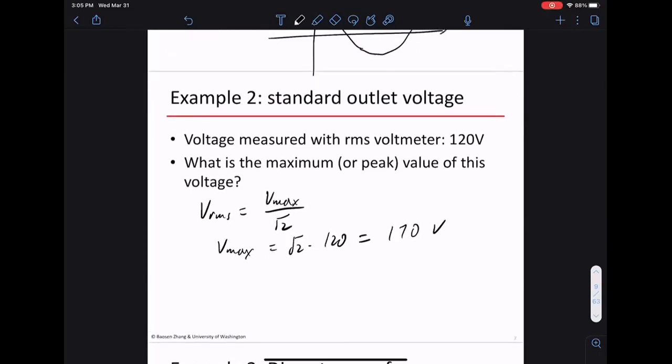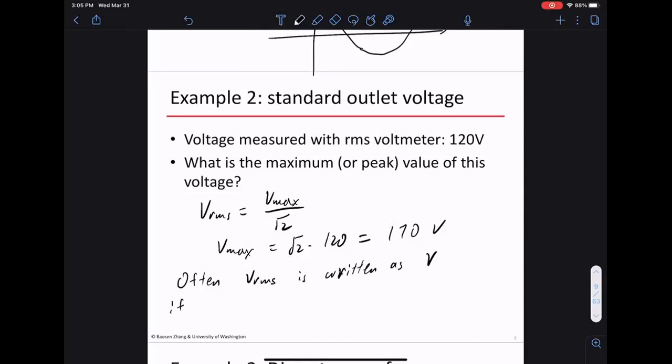And it's important to note that often VRMS is written as V without any subscript, just a capital letter V. If it's not stated otherwise, V always means VRMS.